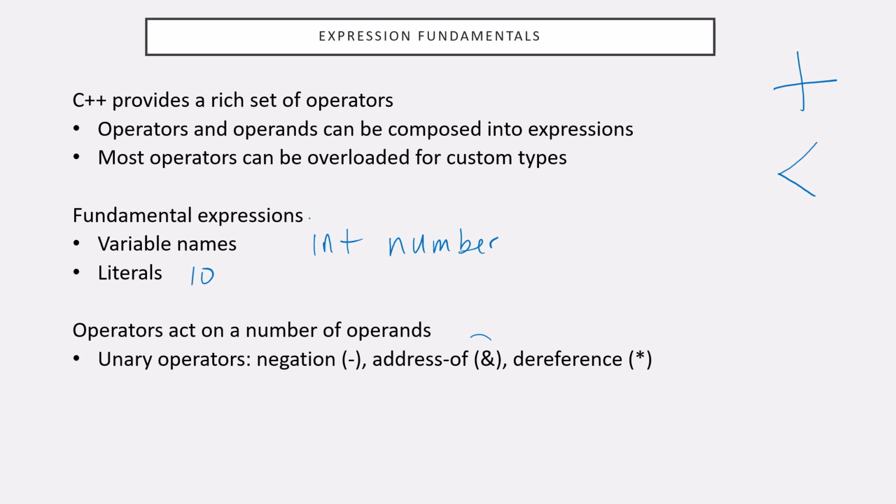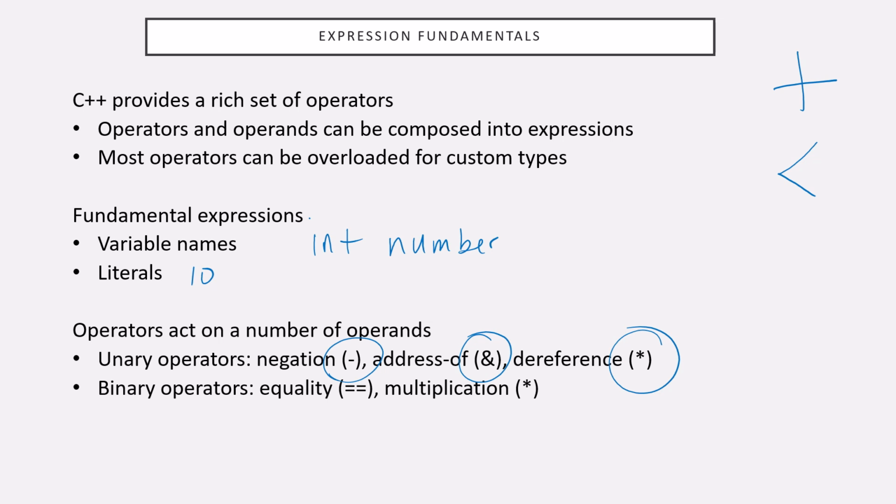We have address of, value at, these are just examples of some of the unary operators. There are binary operators. Binary operators would be used to compare things. So if I wanted to say x equals 10, you don't say x equals 10, that's assignment. You say x equals equals 10, that would be comparison.